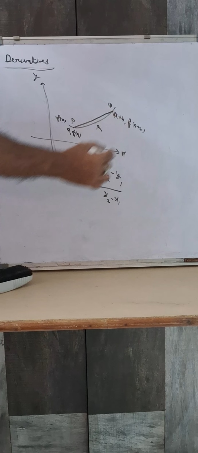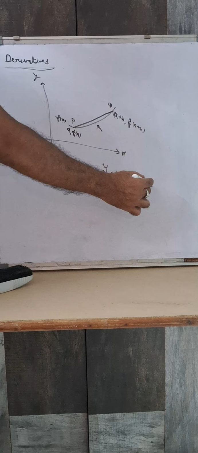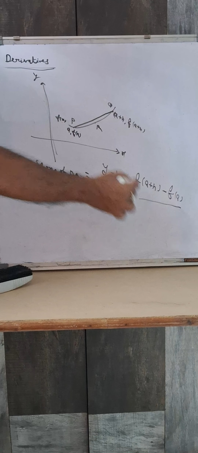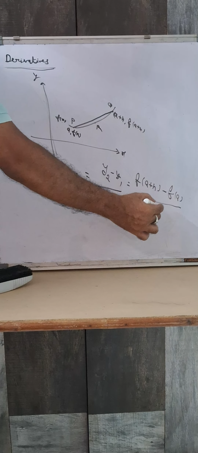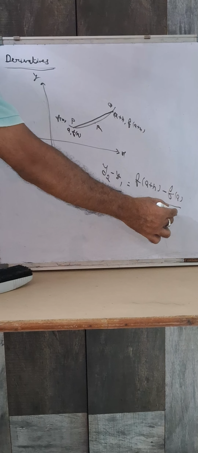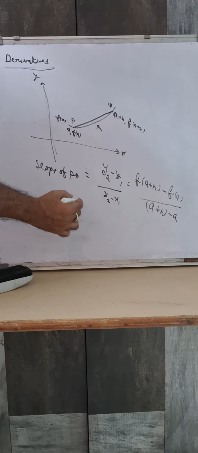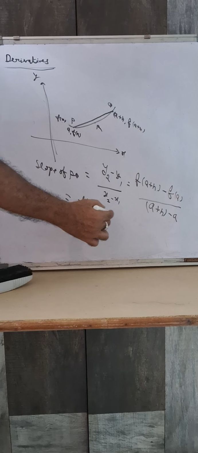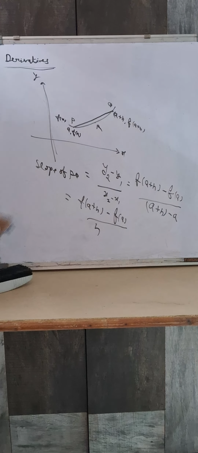So y2 is f(a plus h) minus f(a) upon a plus h minus a. So that will be f(a plus h) minus f(a) upon h. So the slope of PQ is this.